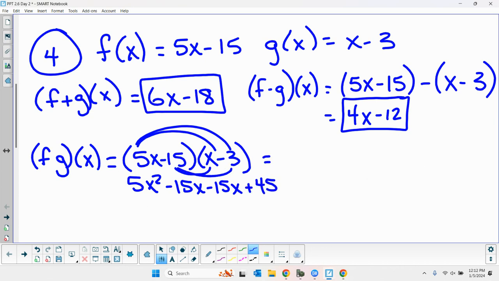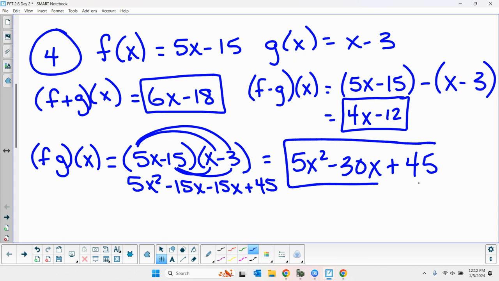So when I combine like terms, I get 5x squared minus 30x plus 45. Did you all get that right? Those of you that did your homework? Okay. Do we have a question on that one?